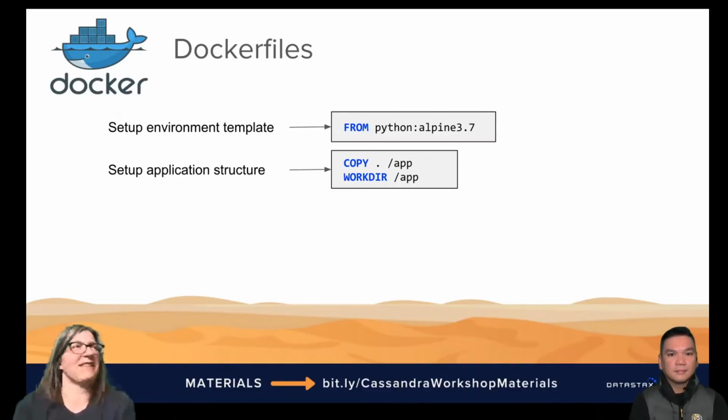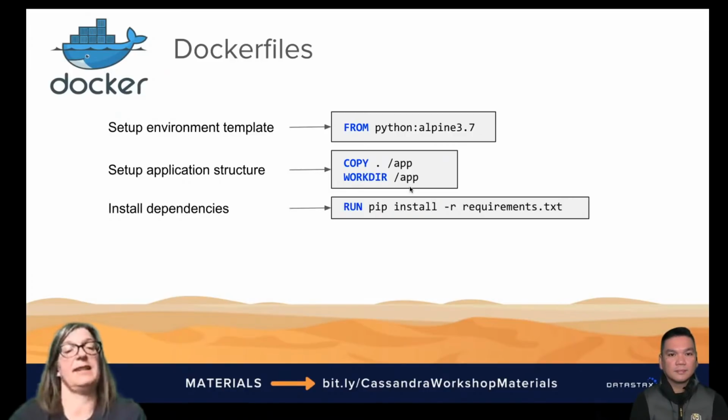Someone was in the wrong directory yesterday, and they built the wrong thing. So be in the right directory. We're copying everything to our new working directory here, and then we run the pip install of the requirements. You can see here we actually need to define an external requirements text file, which has all the dependencies that we want to install. In our case, it's only Flask.